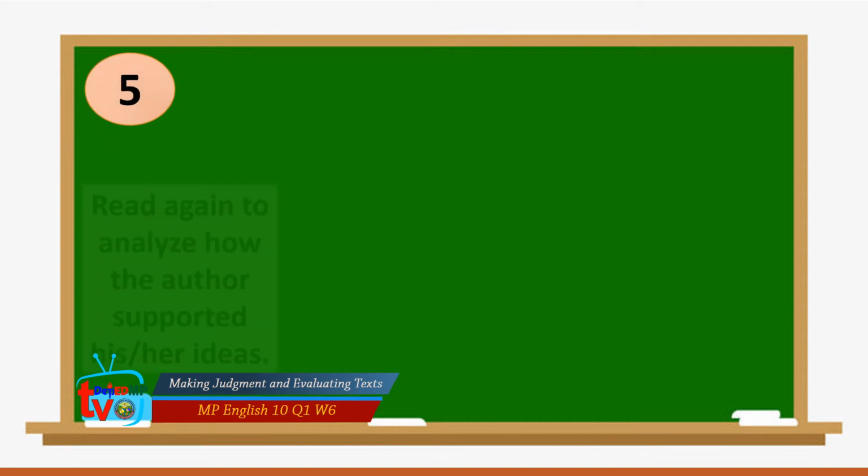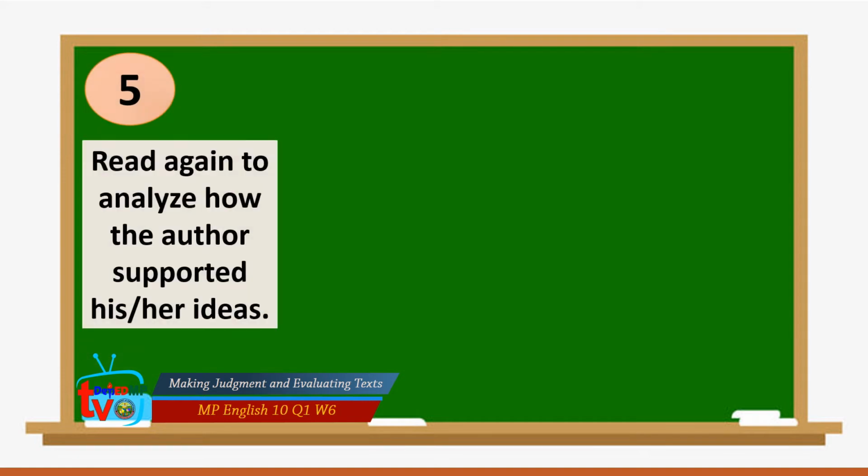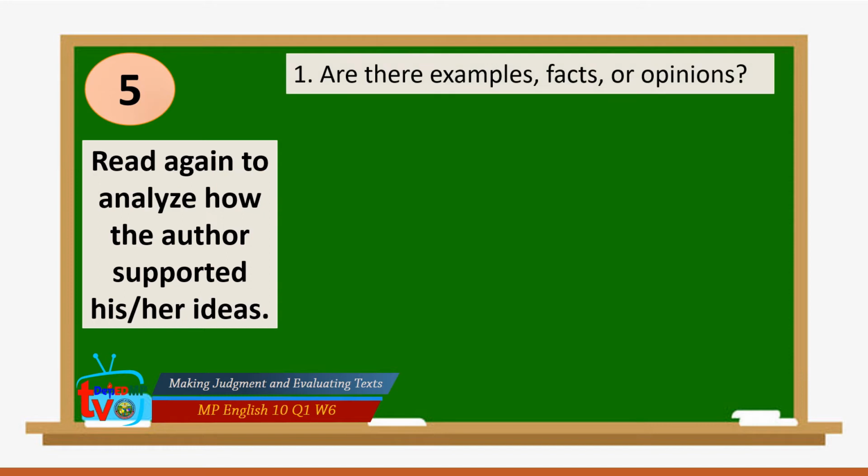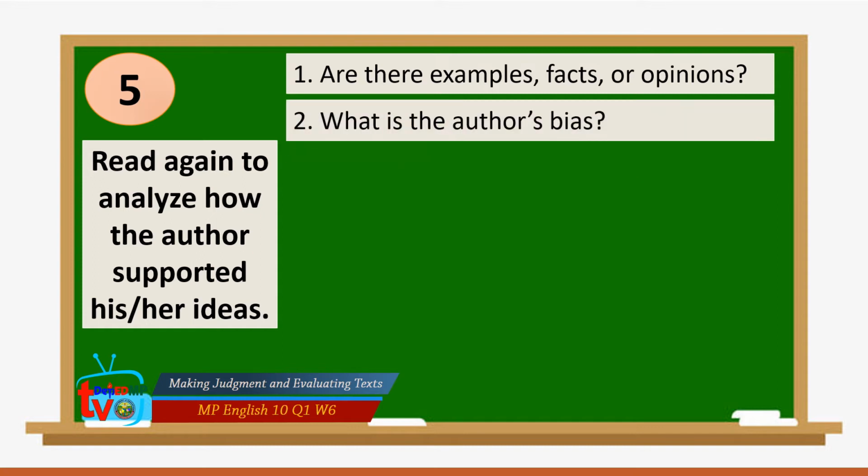Fifth, read the article one more time to analyze how the author has supported his or her ideas by answering the following questions. First, are there examples, facts, or opinions? Second, what is the author's bias?